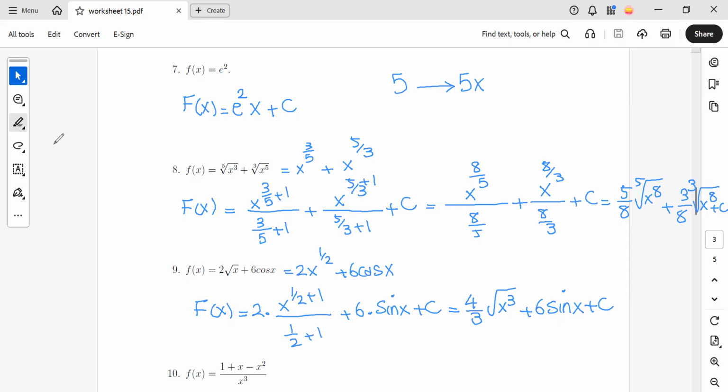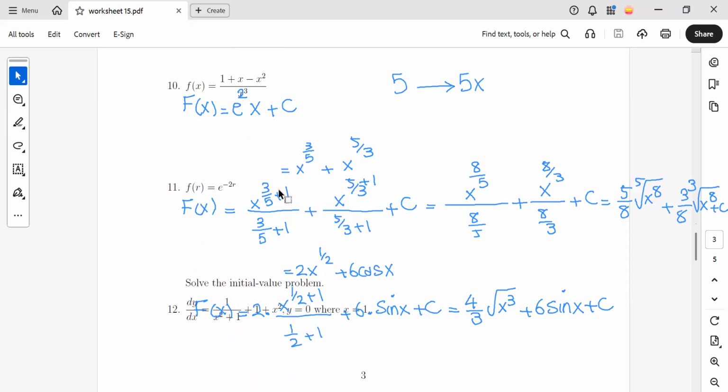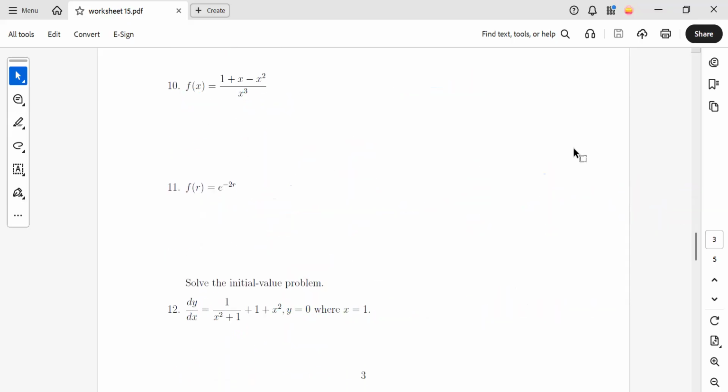Number 10. Again, the easiest way is just to rewrite it as 1 over x cubed, x over x cubed, x squared over x cubed, and simplify it. 1 over x squared minus 1 over x.